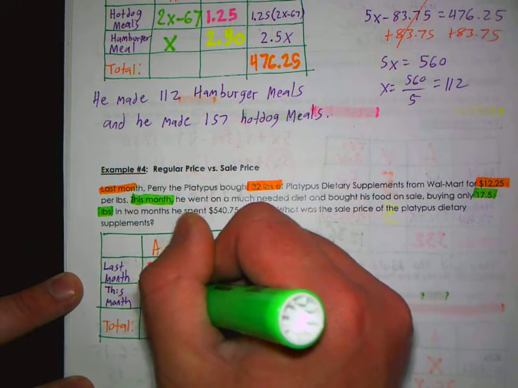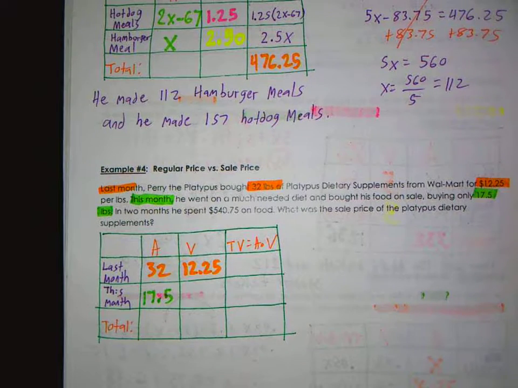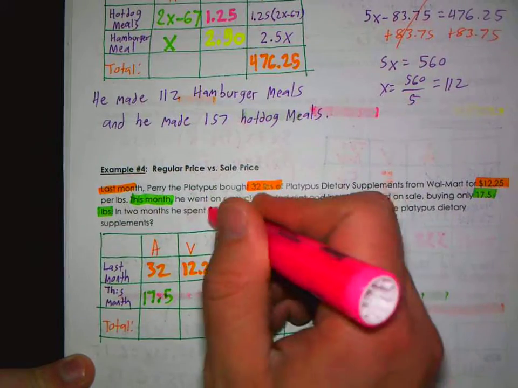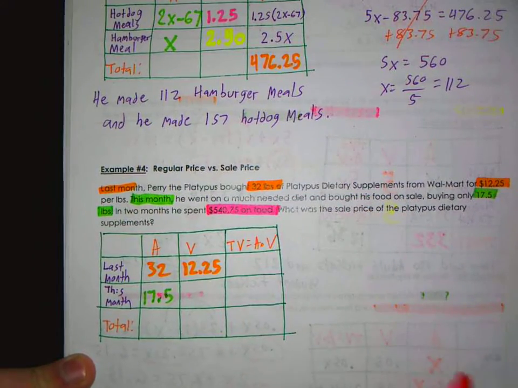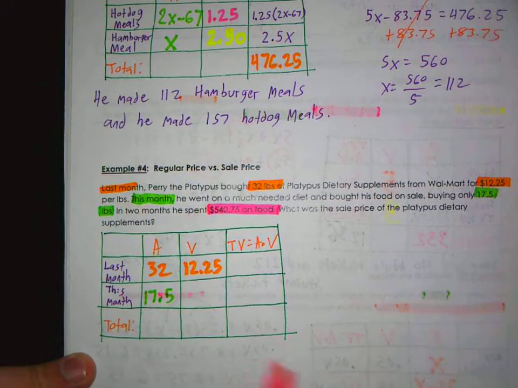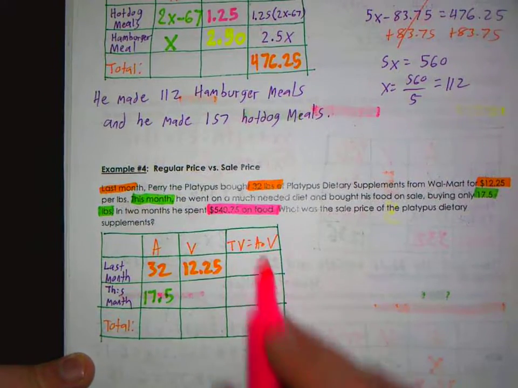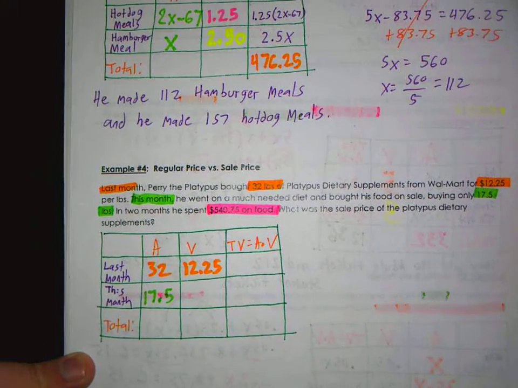Then it also says he spent $540 on food between the 2 months. So that would be in the total column. Is that total amount? No, or is that total he spent? Total he spends.